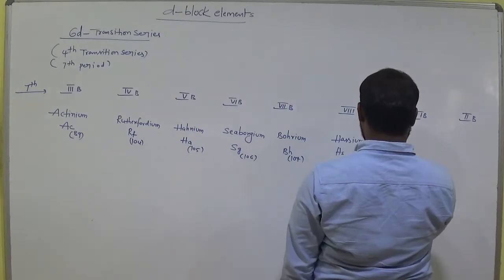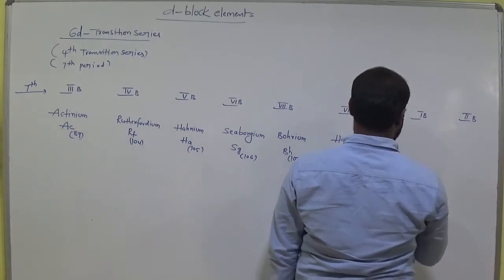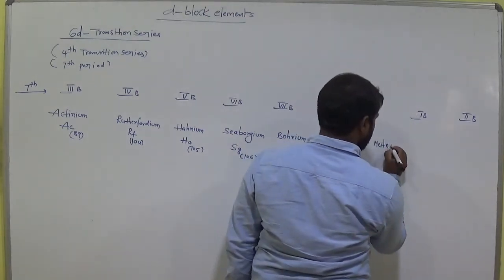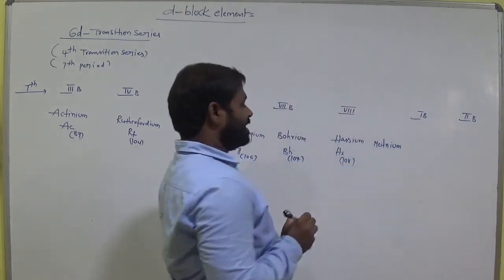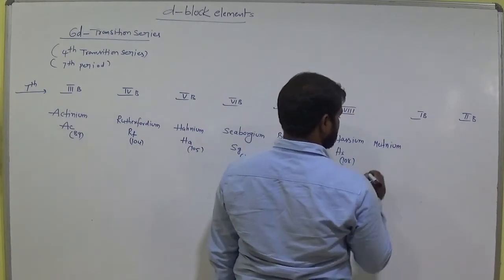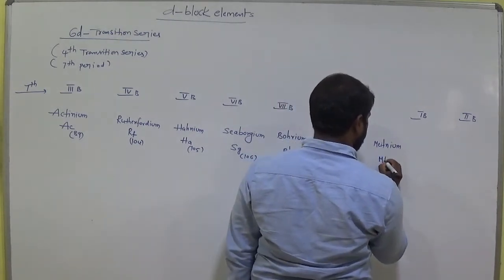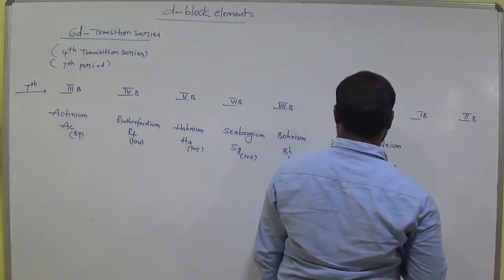And Meitnerium, the symbol is Mt, atomic number 109.